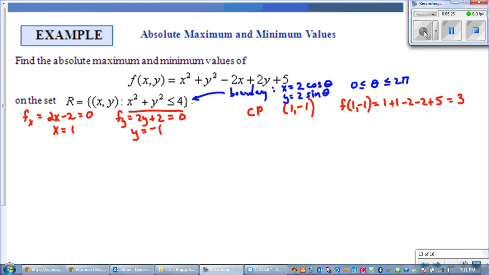So now, I have values for x in terms of theta and y in terms of theta. So I'm going to rewrite this function in terms of just theta. So this function f of (x, y) becomes a function just in terms of theta. So I'm going to call it g of theta.